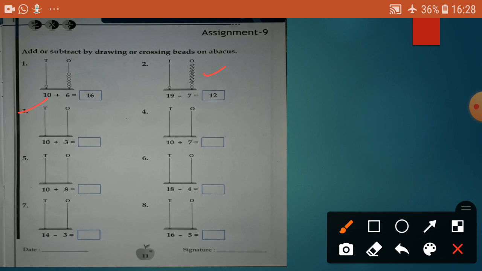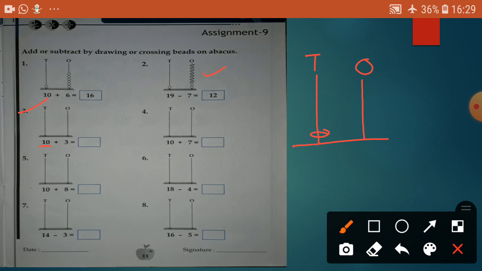Number 3, tens and ones. So the question is 10 plus 3. I draw the beads first, 10.